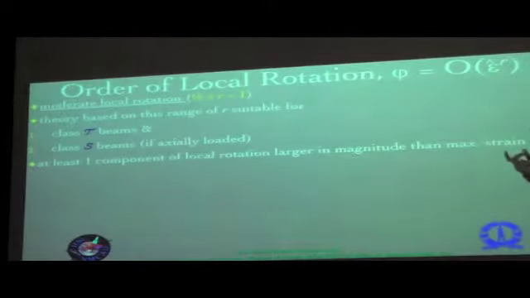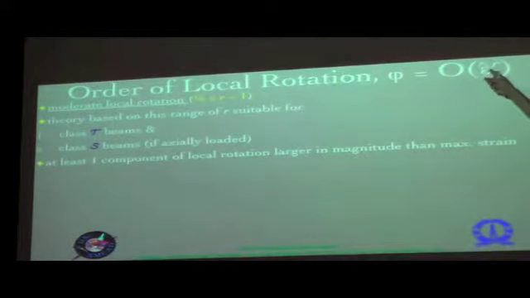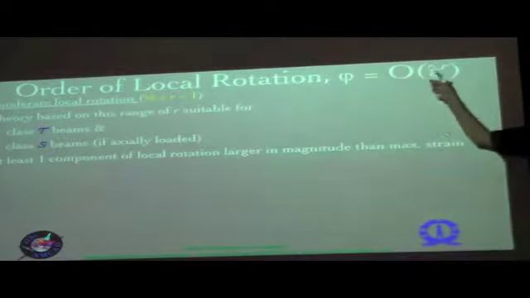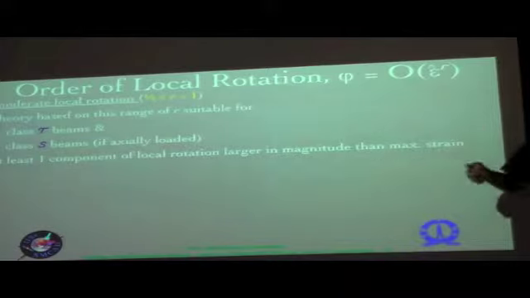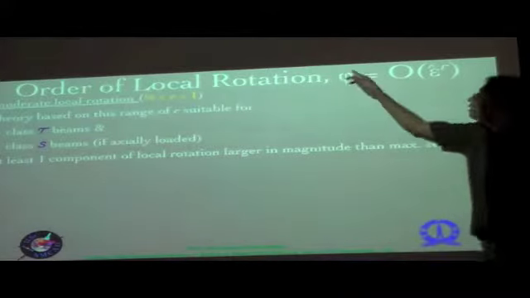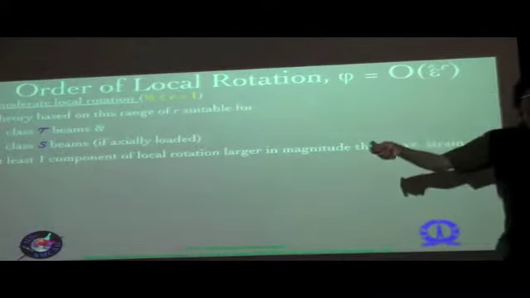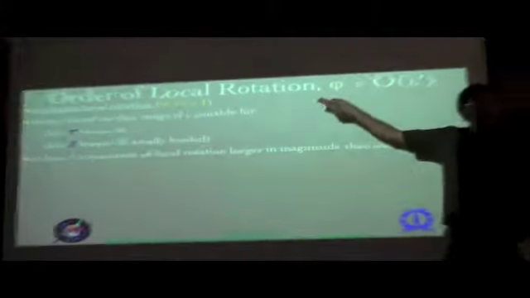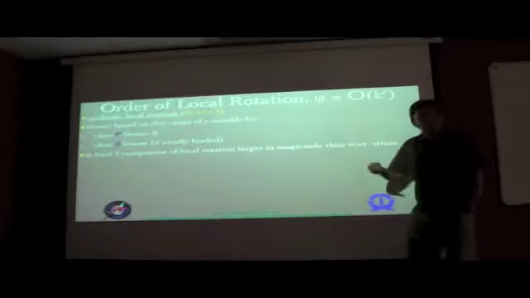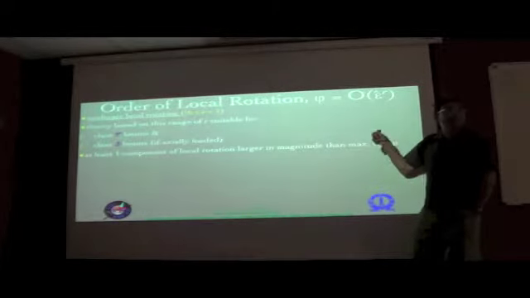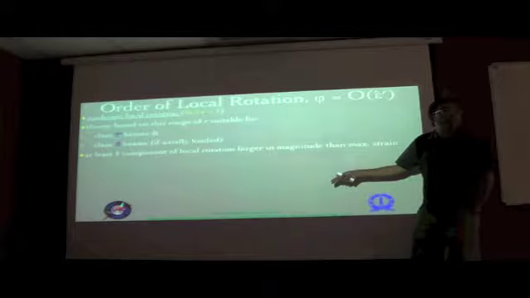That's what happens in such a situation, because R less than 1 basically means that your phi is going to become bigger than epsilon hat, because epsilon hat is less than 1. So this is quite clear, and of course phi is the maximum value of any of the three components, so it doesn't mean that all three components of the local rotation will become large. Even if one of those three becomes larger than the strain, then this is the category in which it falls.